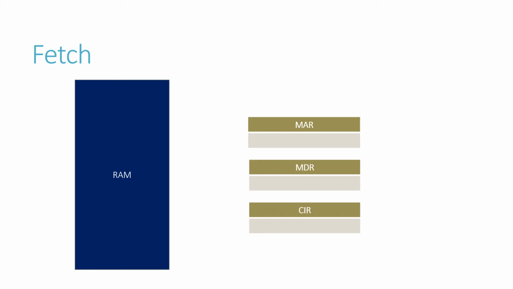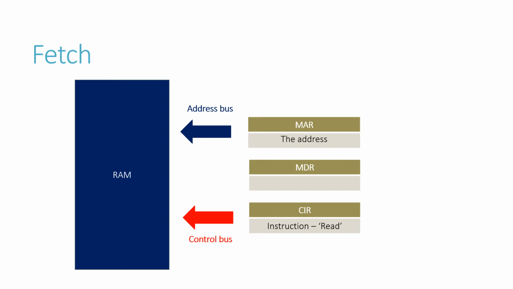During the fetch part of the fetch execute cycle, the MAR stores the address from which data has to be fetched. The current instruction register stores the current instruction, which is to read from that address. The MAR sends the address to RAM.